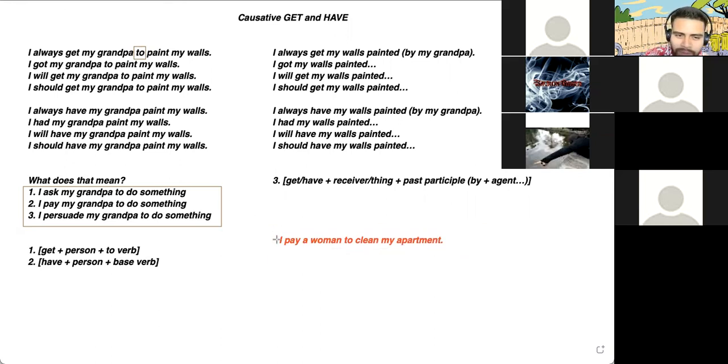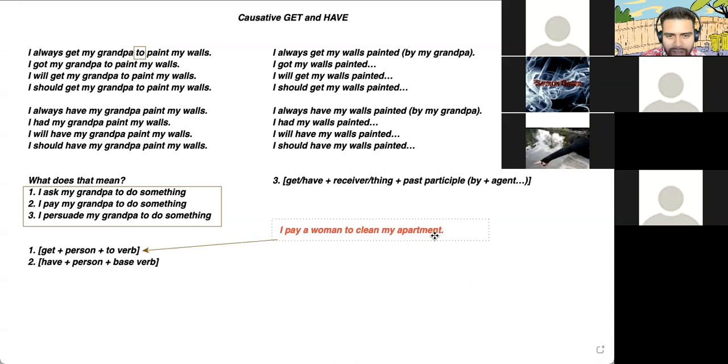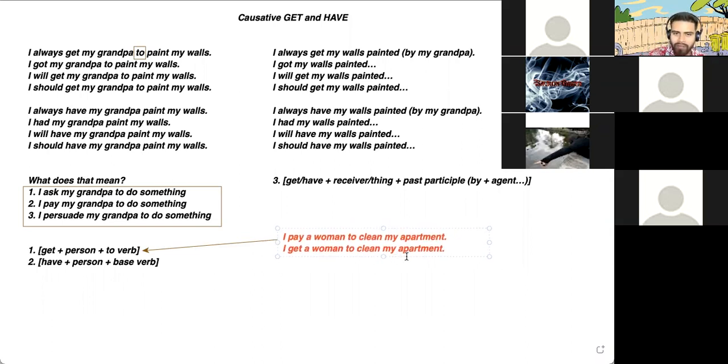I would like for you to use this structure. Let's see, Anita. I get a woman to clean my apartment. Exactly. It means the same thing in my context.